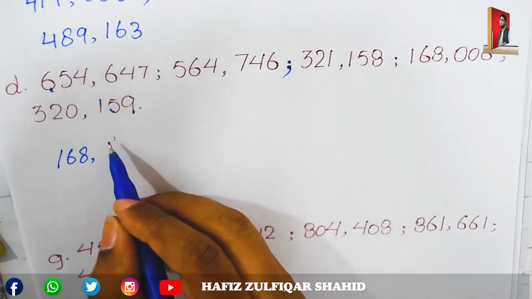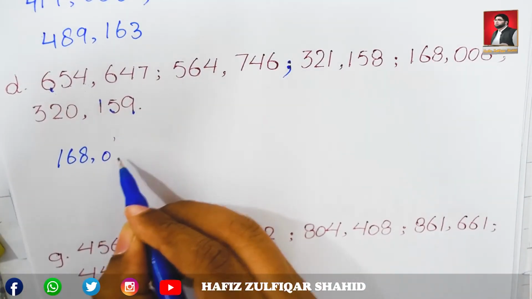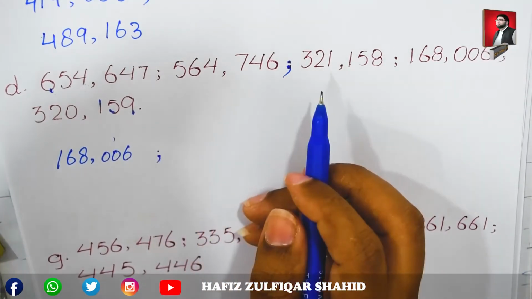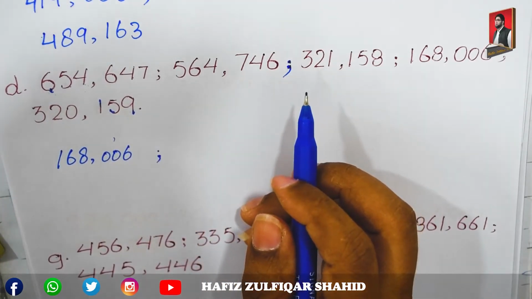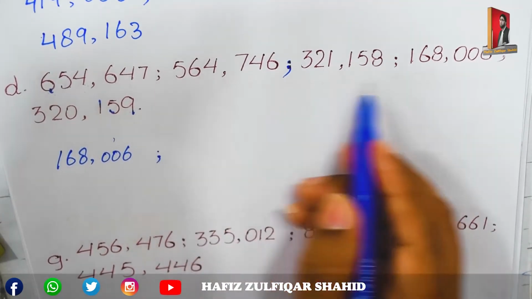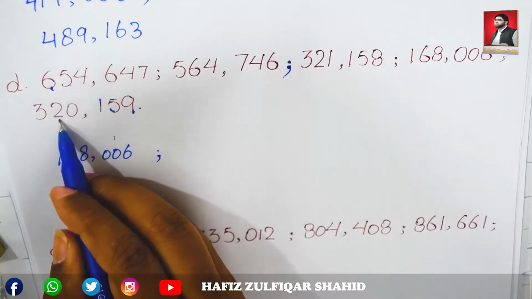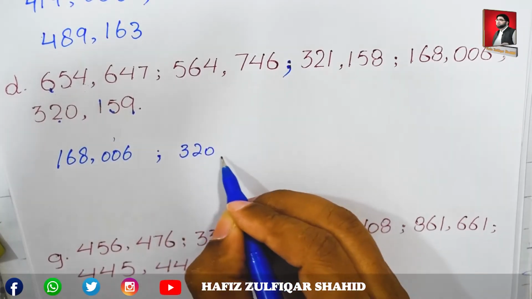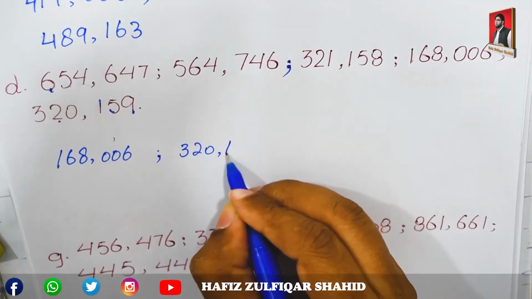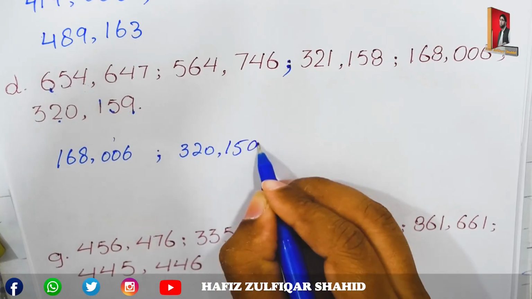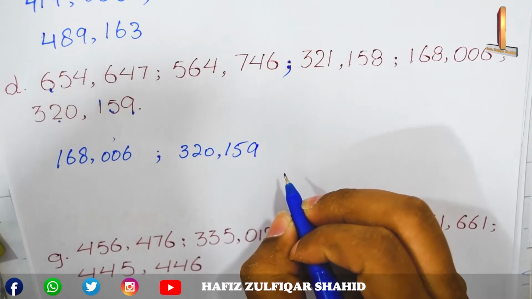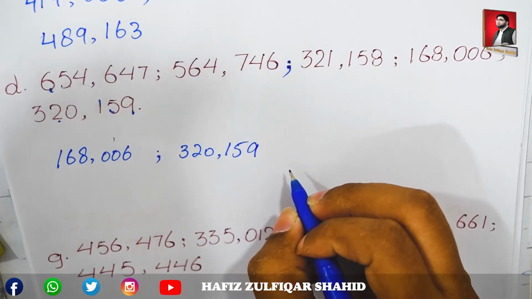Pick 168 from the bunch, write it first, then second one. The second smallest is, you can see, 320 million. Pick up this from the bunch and write down as these are.